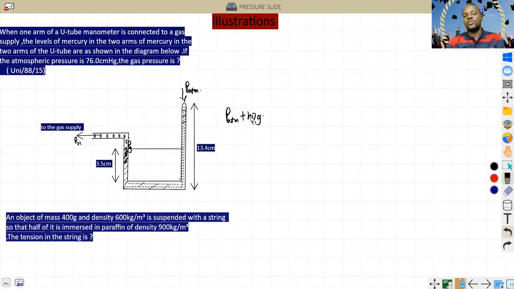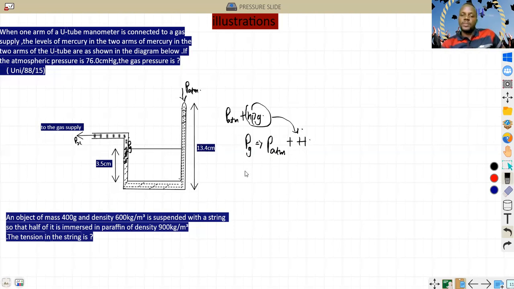So h rho g, which is the height, plus atmospheric pressure will be the gas pressure. So the gas pressure, PG, is equal to the atmospheric pressure plus h rho g, and pressure depends on height, right? h rho g is what I'm taking as the height.